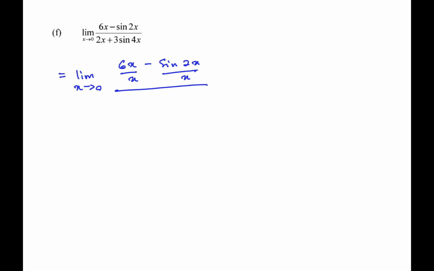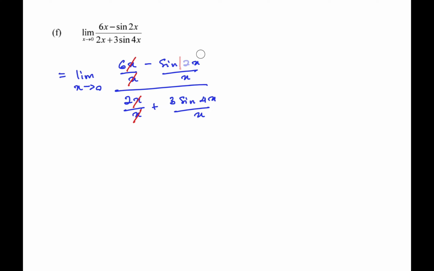Okay, because we want to use the first theorem that involves trigo. We do not change the value of the function because all the parts we divide by the same value, which is x. Therefore we can simplify. This one becomes 6, this one becomes 2.